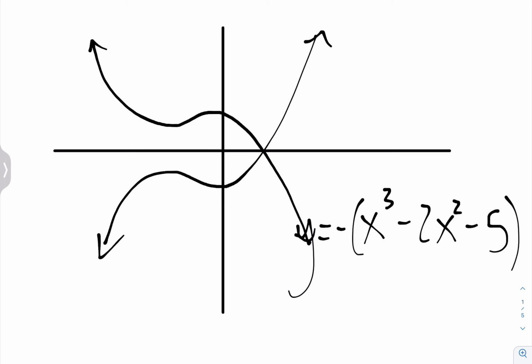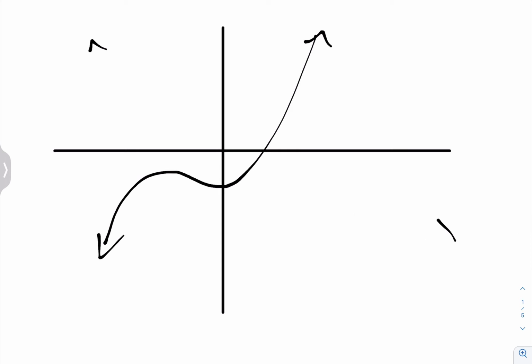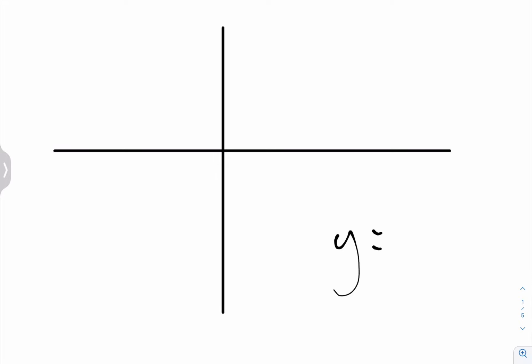Okay, so if we're talking about the negative version of something, the end behavior is just going to be the opposite. So if it started in the bottom left and went to the top right, well, if it's the negative version of that function, it's going to start in the top left and end in the bottom right. We can do this with even the easiest of functions. Let's say we had y equals x.